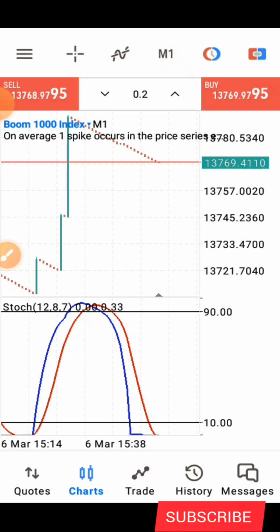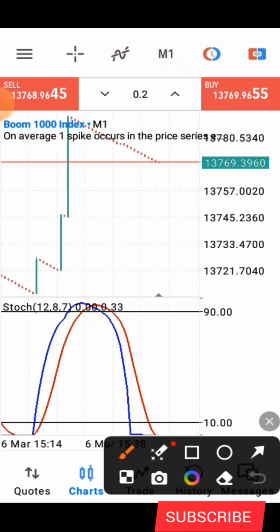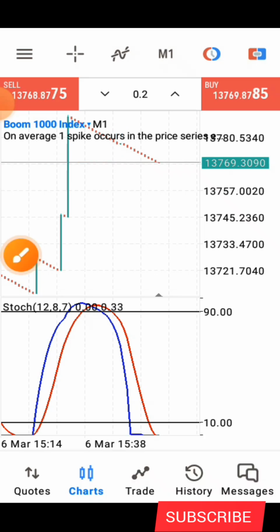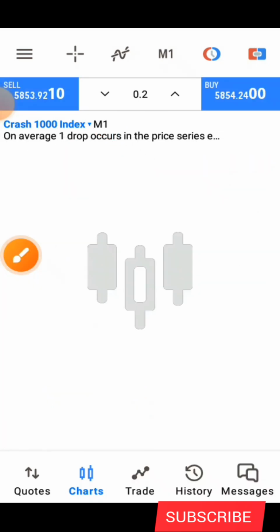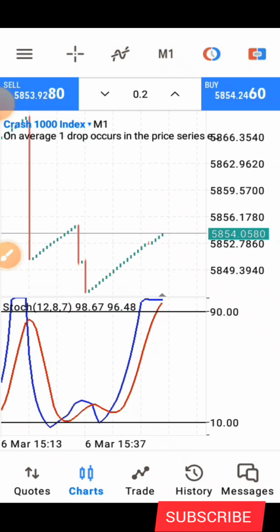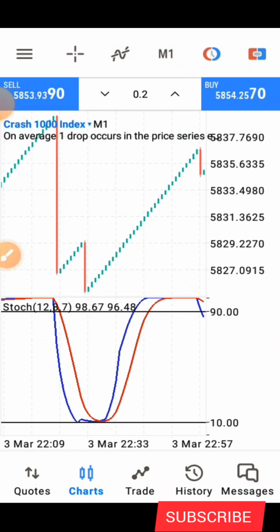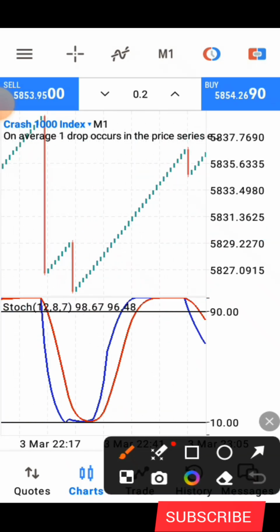This is Boom 1000, guys. Whenever you are on Boom, you sell, and whenever you are on Crash, you buy. This strategy works on both Boom 1000 and Crash 1000.